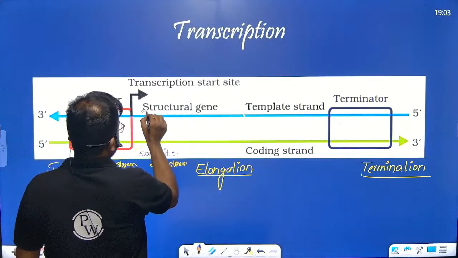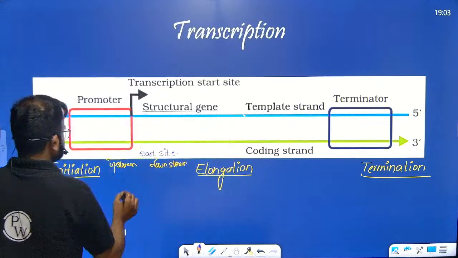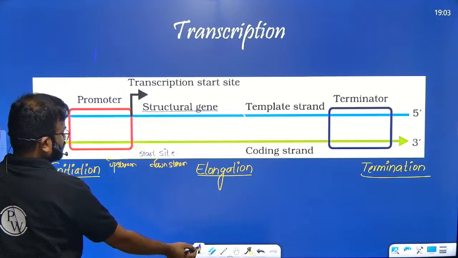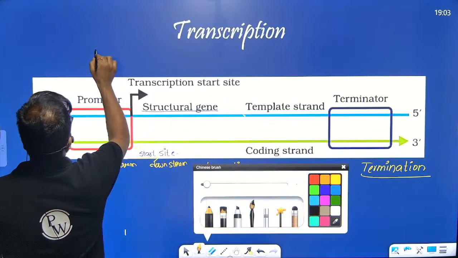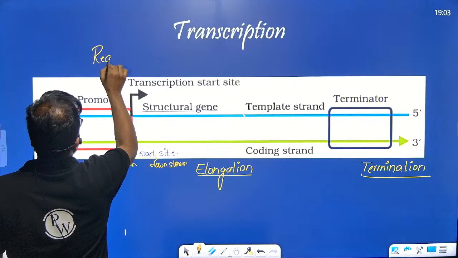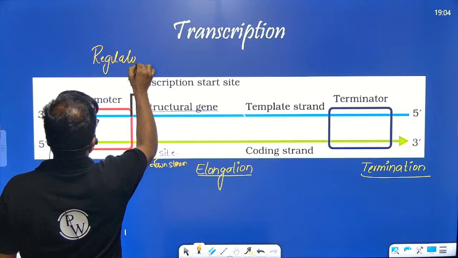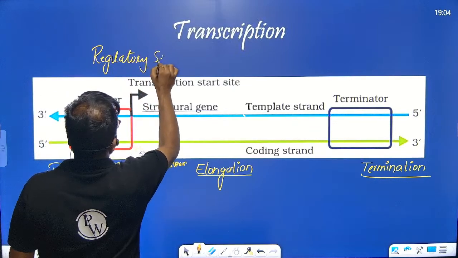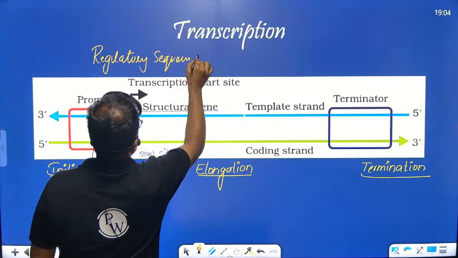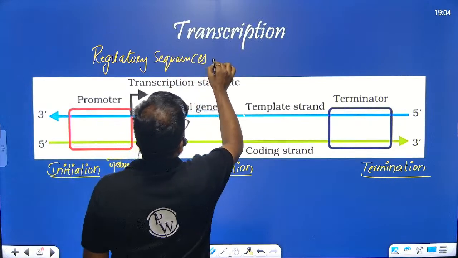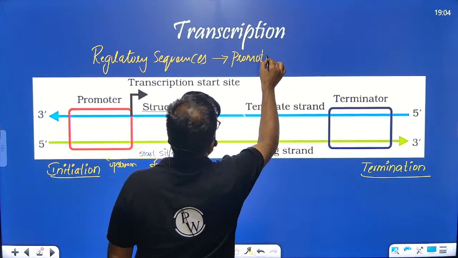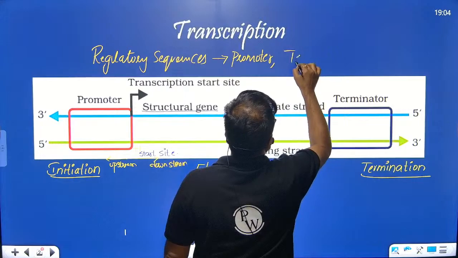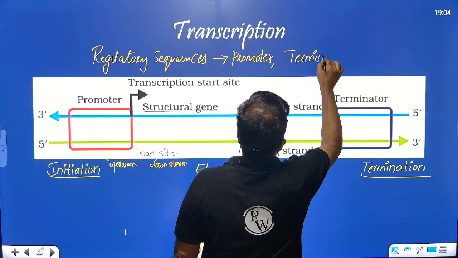One is our structural gene, the other one is our regulatory sequences. So there are two sequences. One is our regulatory sequences, where our promoter and terminator are present.